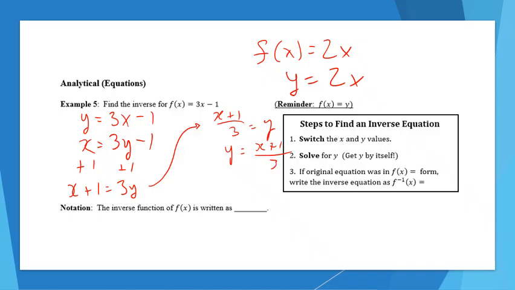And then we want to swap y back out with, this time we found the inverse, so we'll write it like f inverse of x equals x plus 1 all over 3. And so the inverse function of f of x is written as f inverse of x there. All right, so this should be our answer to example 5, and we will need to use that again later.